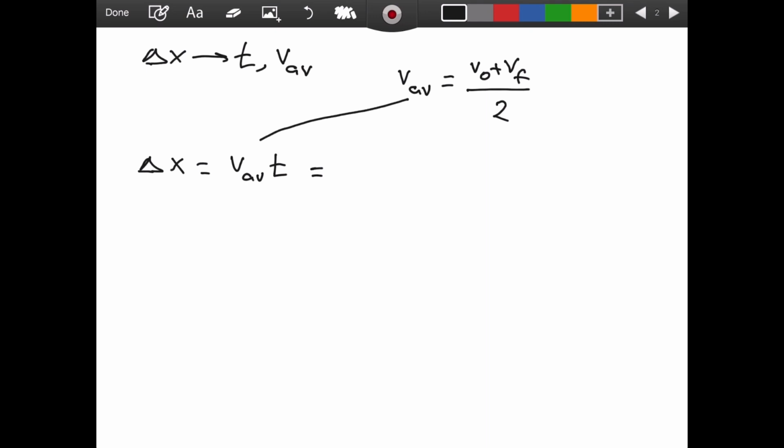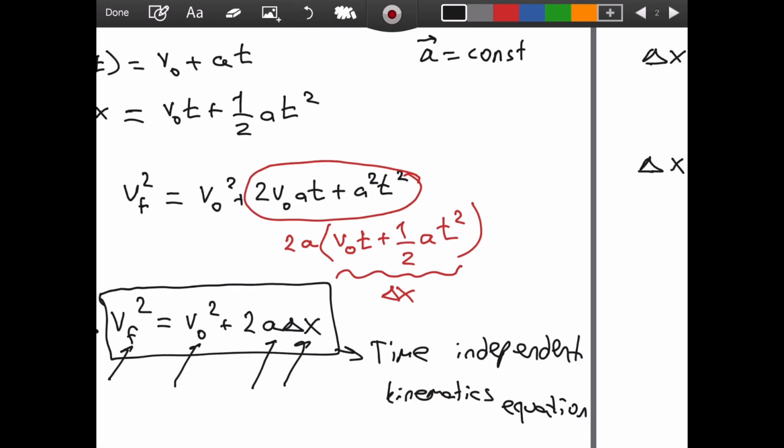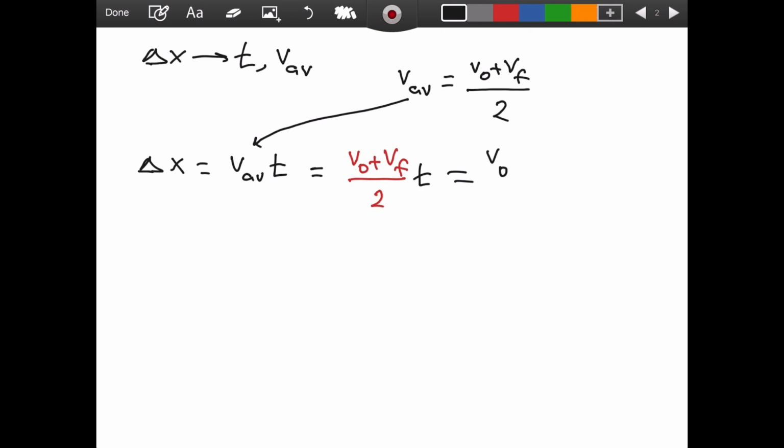I am substituting for v average here. We have, and I want to make it in red, v naught plus vf divided by 2 times time. Well, great, but what can we say about v final? We have a formula for it right here, which we just proved on the previous video. So let's use that one. We substitute v naught plus at, divided by 2, times time.